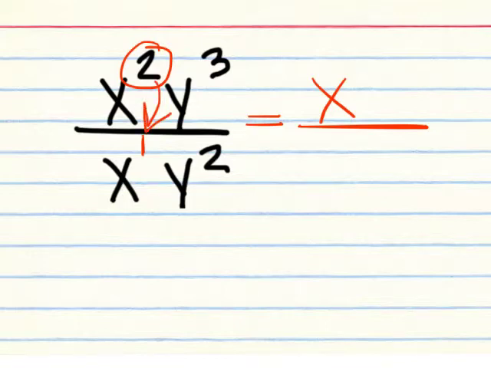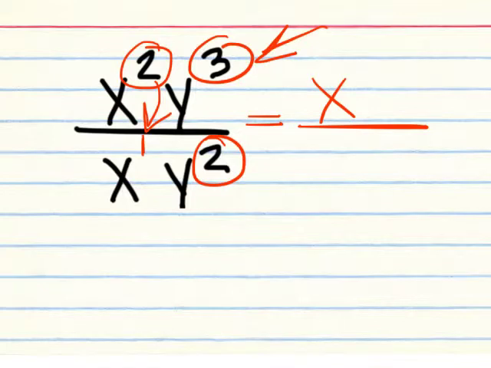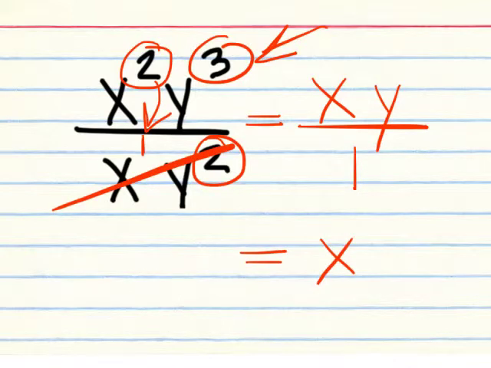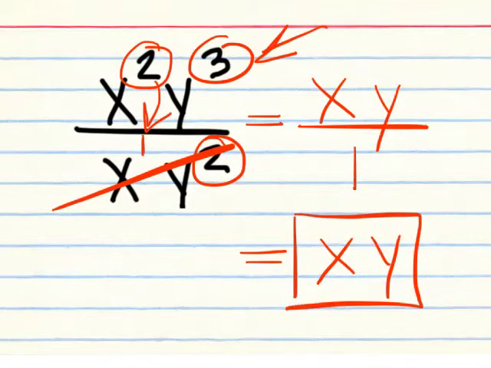For the y's, we have y to the third over y to the second. 3 minus 2, and the largest exponent was on top, so that's where the y goes. And it's y to the first. Everything on the bottom canceled out, but you never leave anything over 1. So the answer is simply x, y.